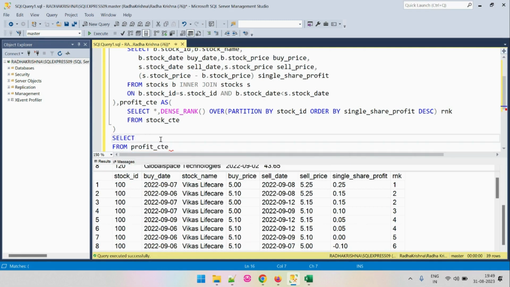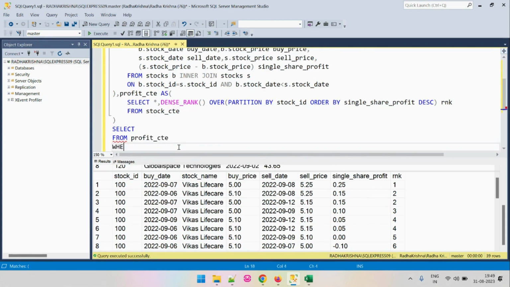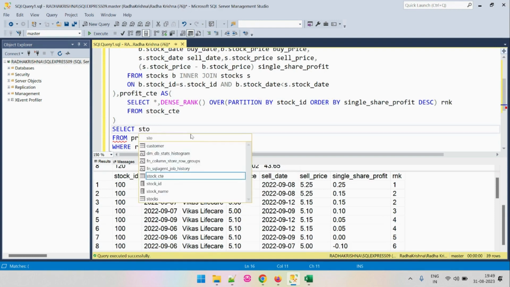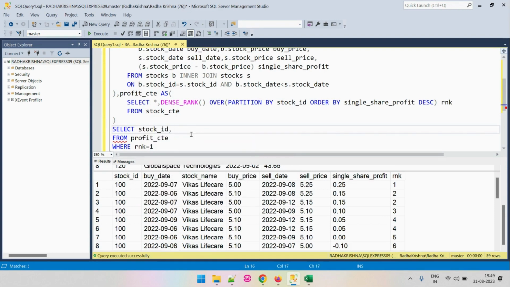Now we will simply filter the records and keep only those where rank is equal to 1. Note one thing: in the output we don't need this rank column, we just need the other columns. So we will specify all the columns.